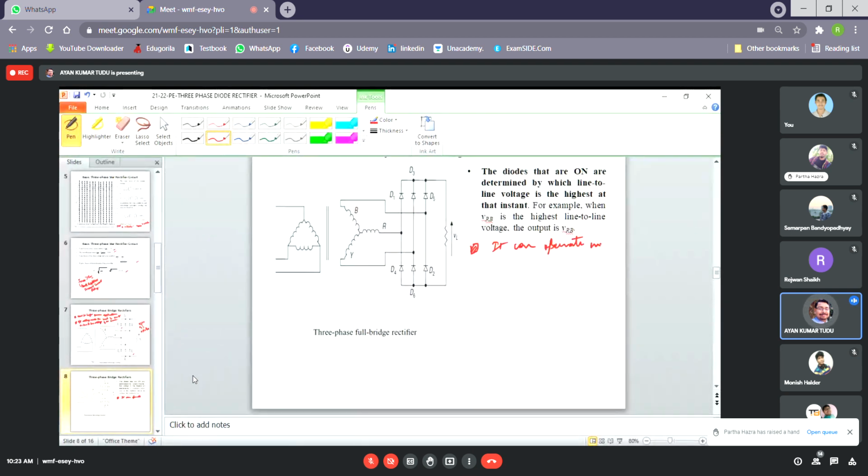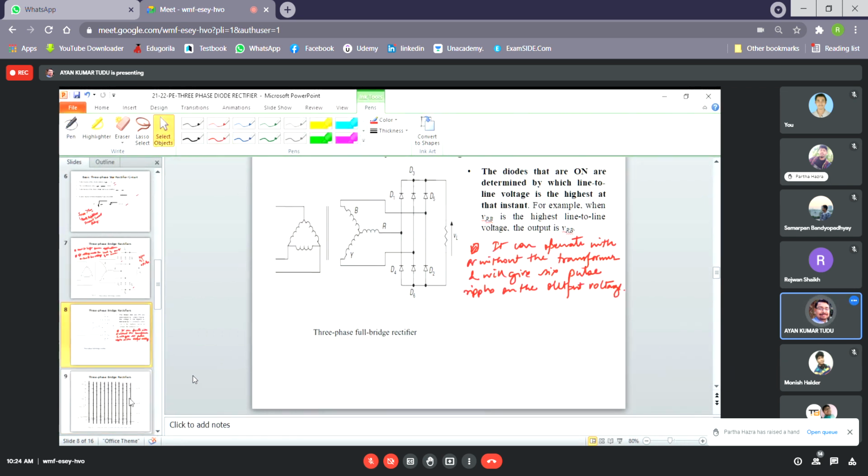Please remember that this particular circuit can operate with or without the transformer, and will give 6 pulse ripples on the output voltage.